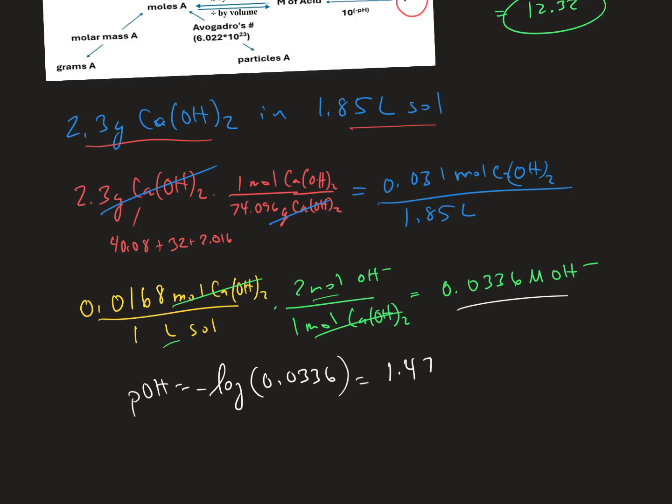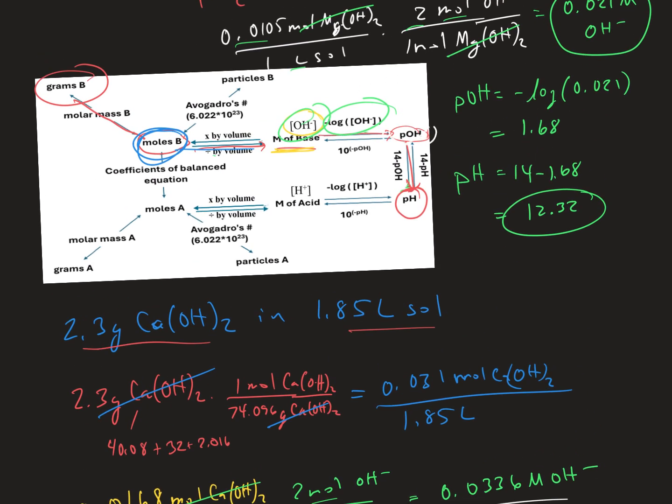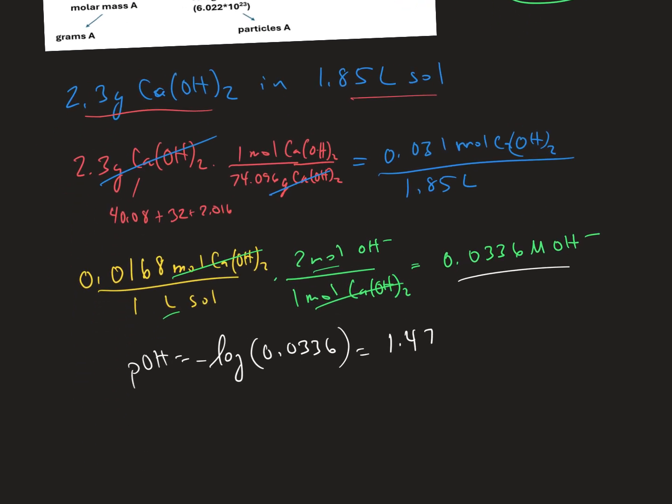So if you're getting a negative, maybe you didn't do negative log, right? Okay, now we are right here. And now we do 14 minus the pOH to get the pH. Therefore, it's equal to 14 minus 1.47, and that's going to give us 12.53.